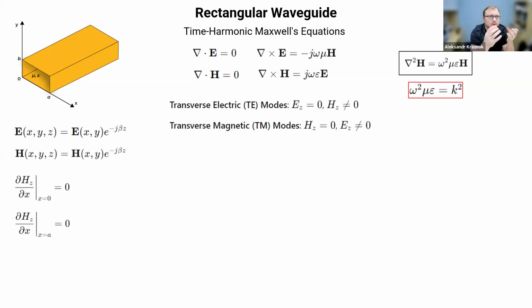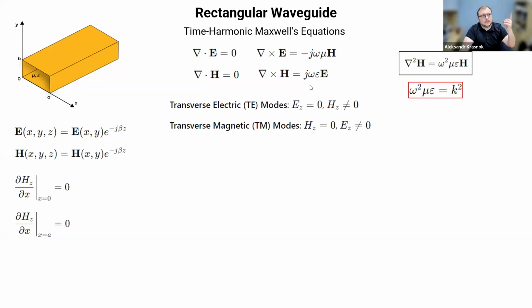It means that the sum of two solutions is also a solution. This allows us to describe two types of waves in this rectangular waveguide, namely transverse electric modes and transverse magnetic modes.